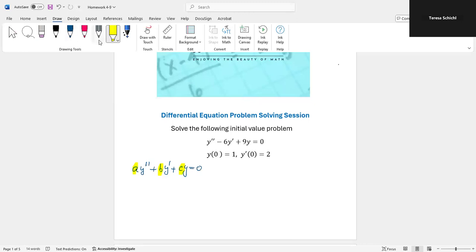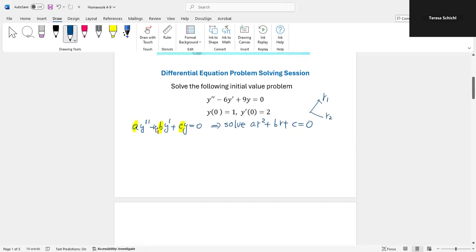So what we want to solve is ar squared plus br plus c equal to 0. So this is a quadratic form, right? We know it's going to have two solutions, r1 and r2 here.